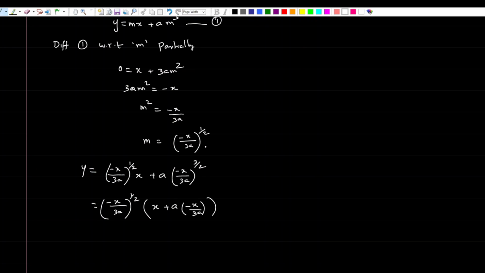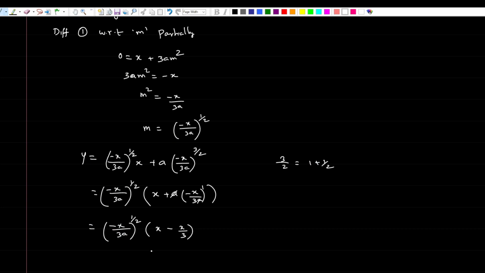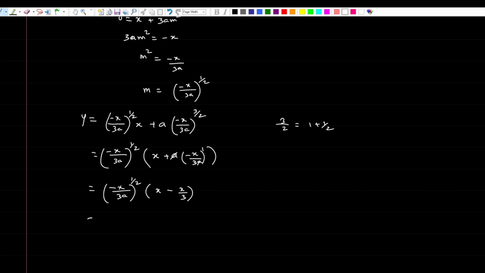Clear? Because 3 by 2 can be written as 1 plus 1 by 2. I am taking this 1 by 2 as common, therefore inside there will be power 1. So this a and a get cancelled, therefore we are getting minus x by 3a whole power 1 by 2 into x minus x by 3. So again when we simplify this, you will get minus x by 3a whole power 1 by 2.